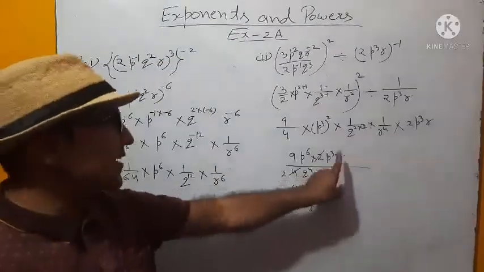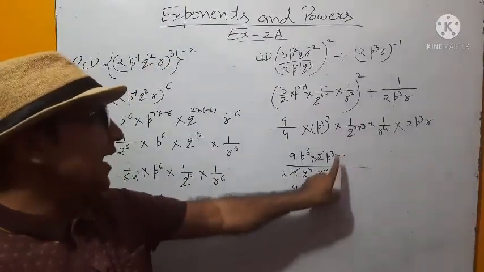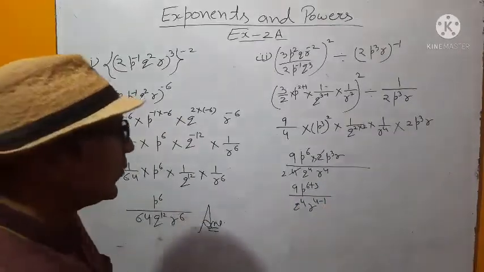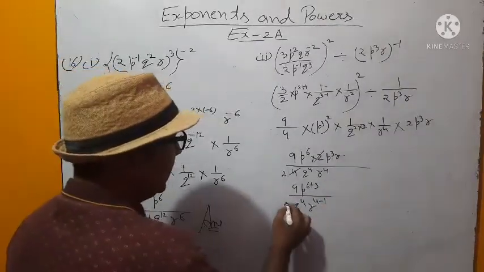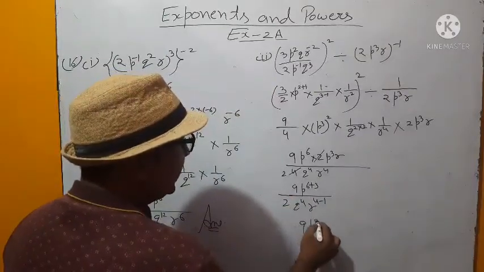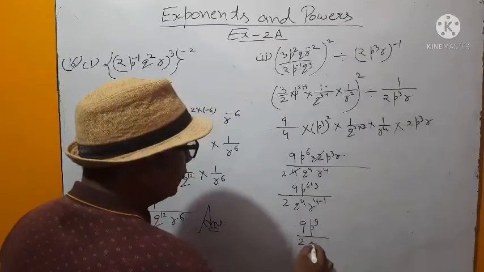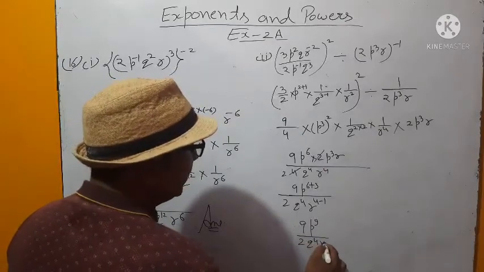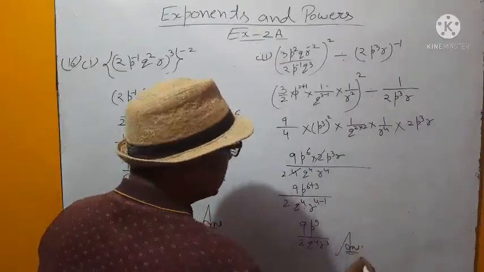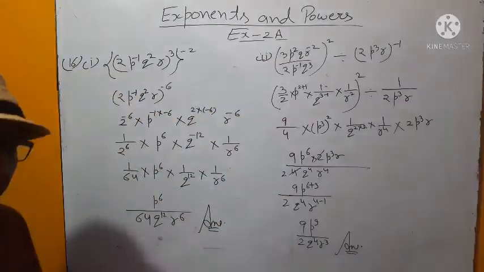I have transferred this r to the denominator. So r upon r power 4 can be written as 1 upon r to the power 4 minus 1. And 2 is also here. 9 into p power 9 upon 2 into q power 4 into r power 3. Now it cannot be solved, so this will be your answer.